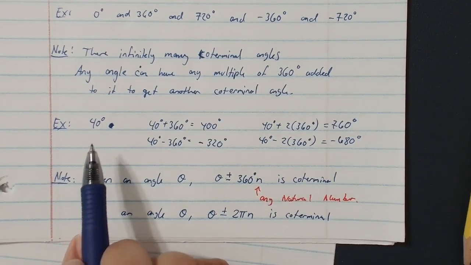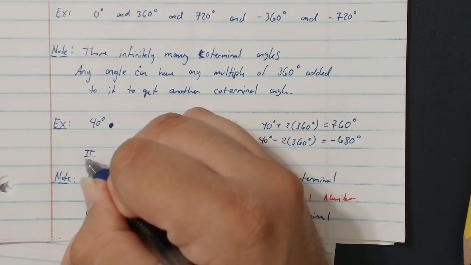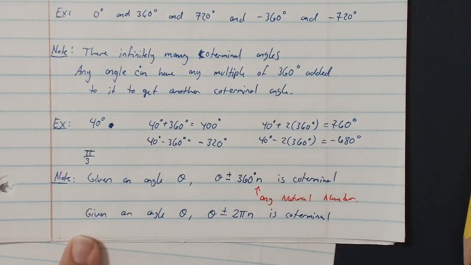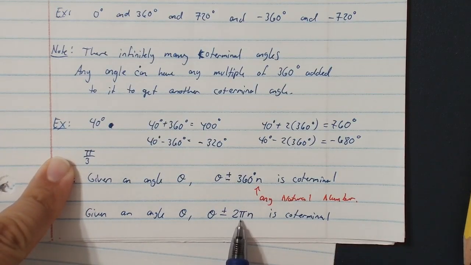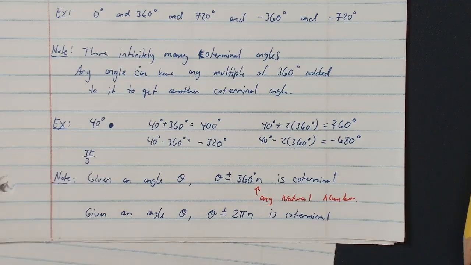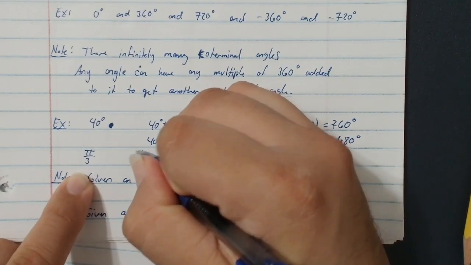So if I have, let's say, pi over 3 radians, then a coterminal angle would be to take your pi over 3 and add 2 pi, or add double that, 4 pi, or add triple that, 6 pi. You could also subtract 2 pi or 4 pi or 6 pi. So any of those would work.